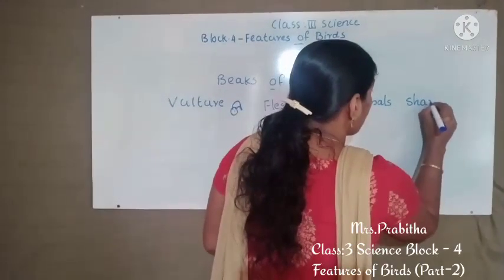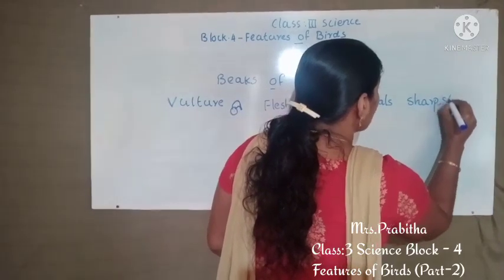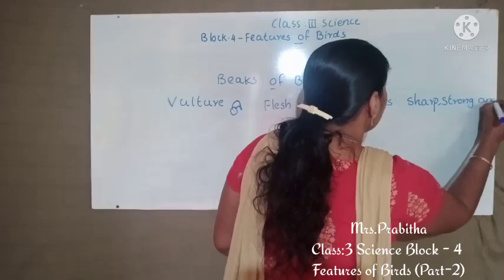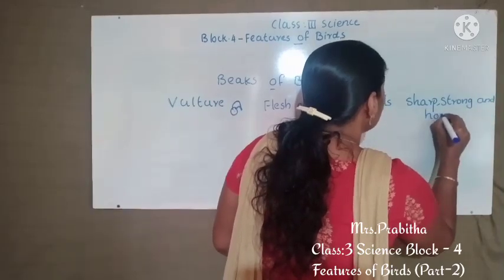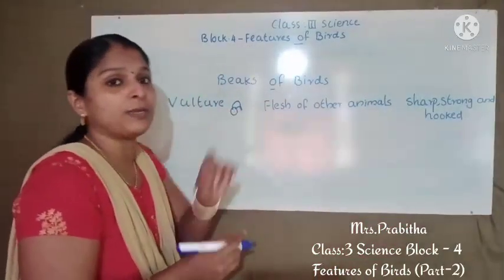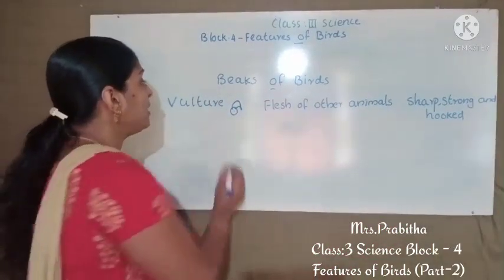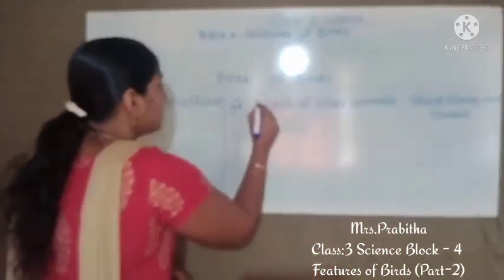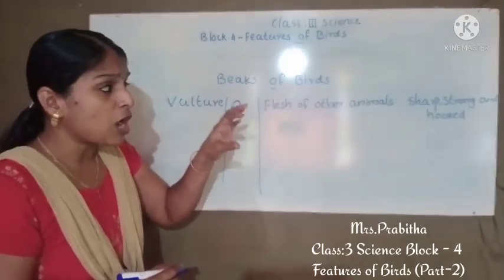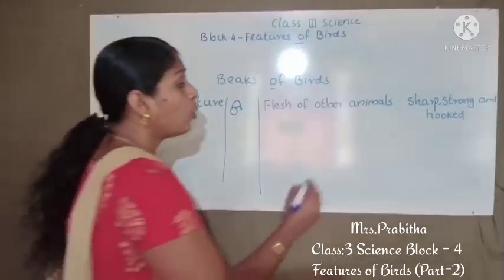It is sharp, strong and hooked. Hooked beak means it is very sharp, strong and hooked. So how is the beak of vulture? It looks like a sharp, strong and hooked beak.